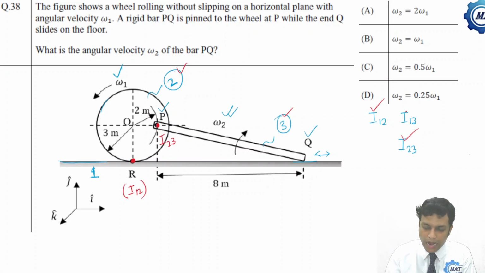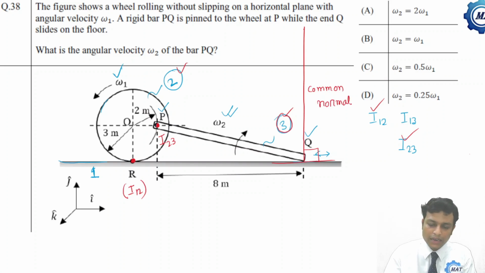Now Q slides as well as rolls on 1. So I13 will lie at any point on the common normal. So if I draw the common normal between 3 and 1, this is the common normal. So I13 lies anywhere on the common normal, that we do not know. So this is one condition.